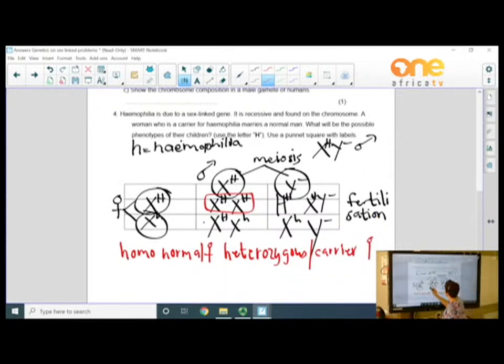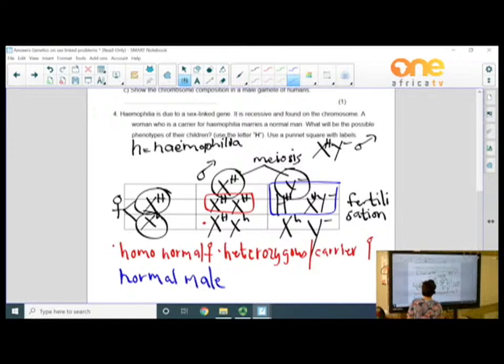These two are covered then, there, and there. Now, this will be a male, and that male will be a normal male, right?